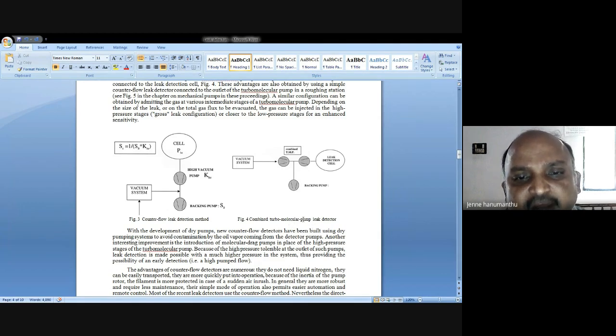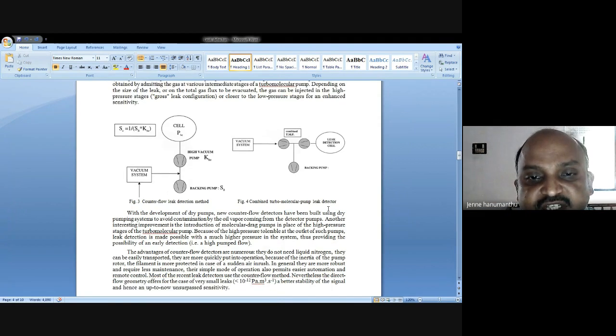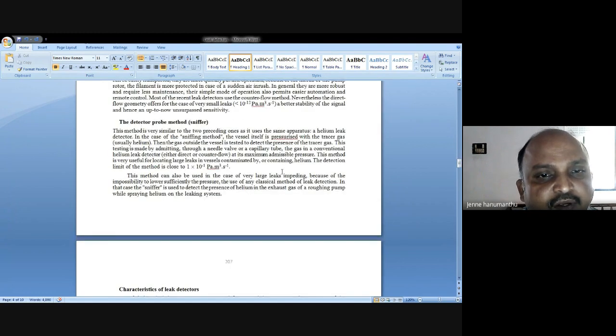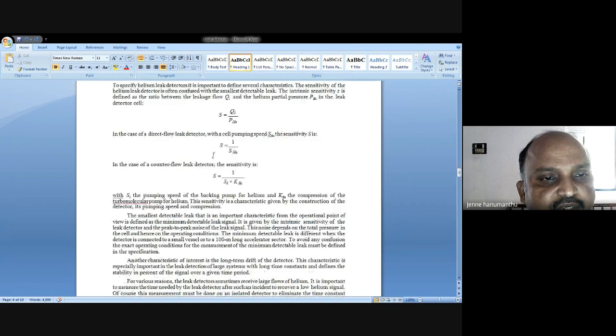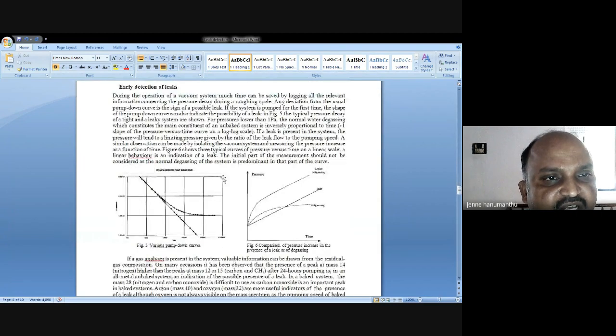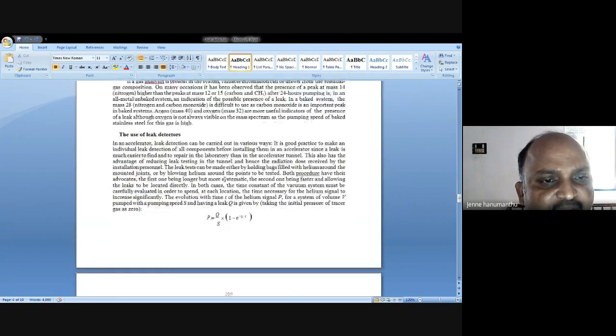So knowing the molecular weights, we can also estimate whether a leak is there or not based on the chemical techniques. So these are the characteristics we are having.